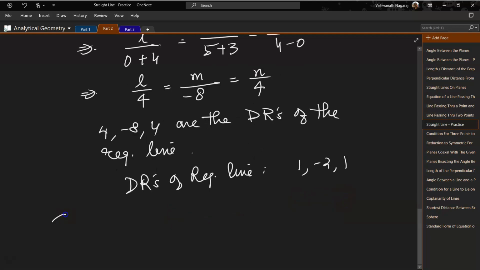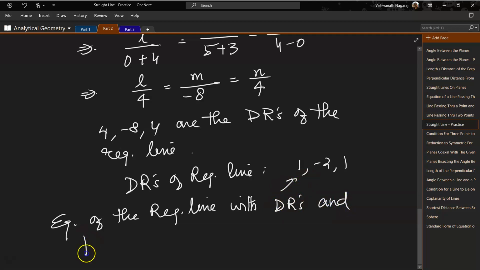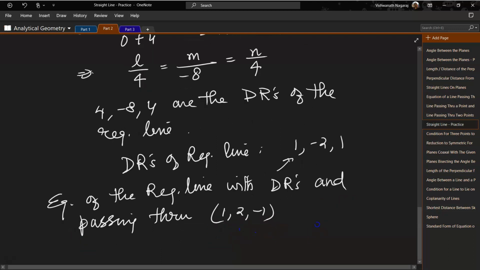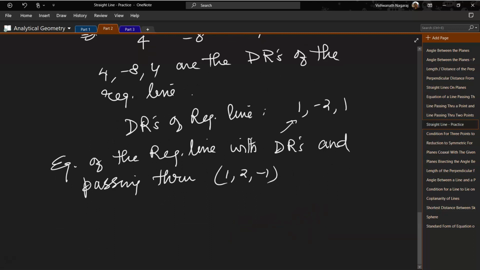We can simplify those DRs by saying the DRs of the required line are 1, minus 2, 1. Now the equation of the required line with these DRs and passing through the point 1, 2, minus 1 follows straightforward from the formula: x minus 1 by 1 is equal to y minus 2 by minus 2 is equal to z minus minus 1, that is z plus 1, by 1.